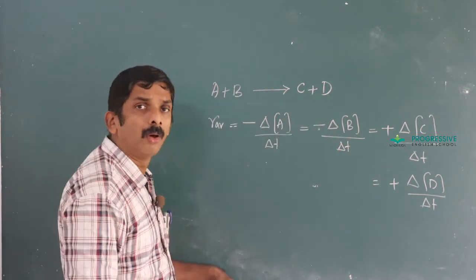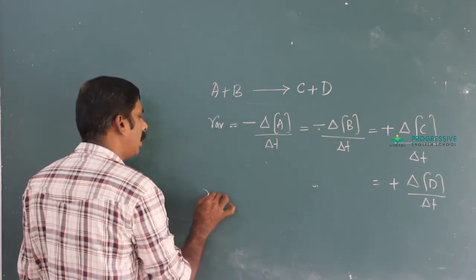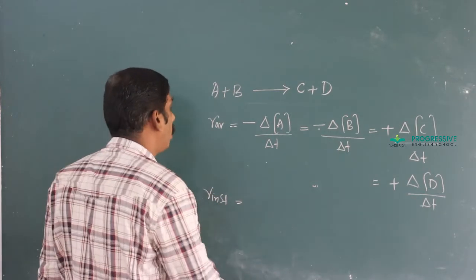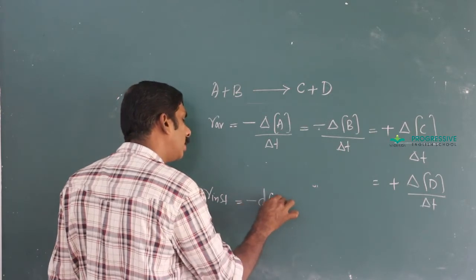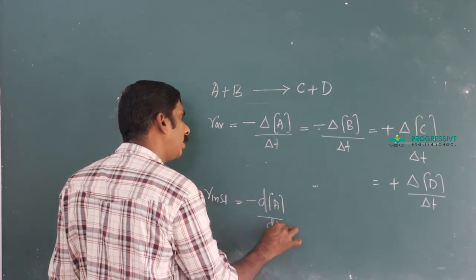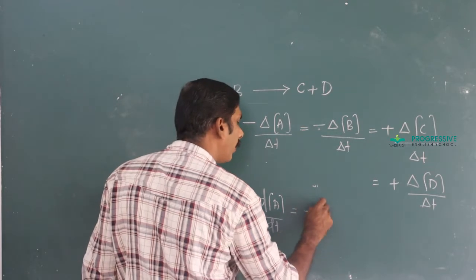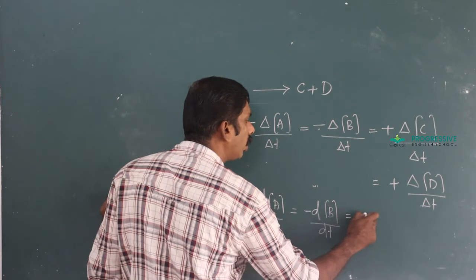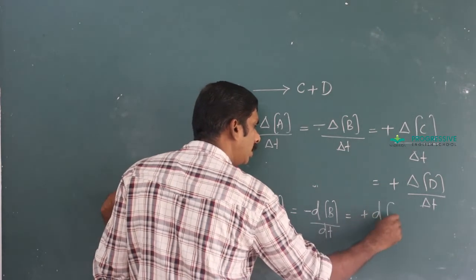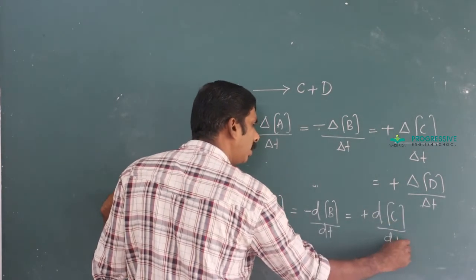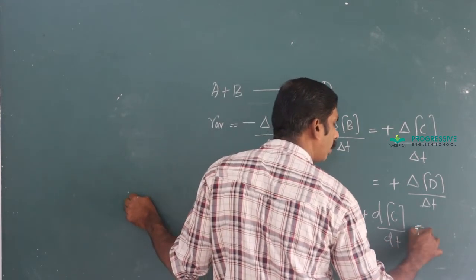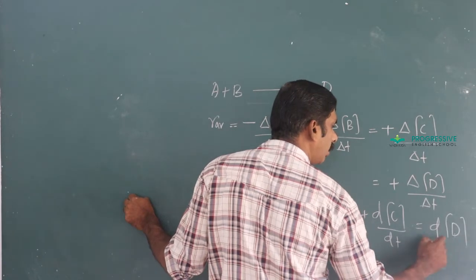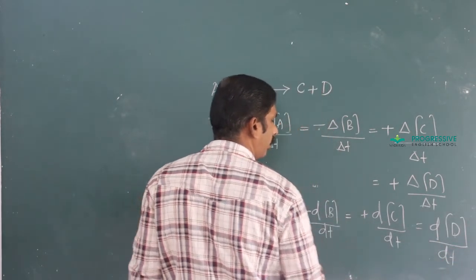For the same case, the instantaneous rate equals minus dA divided by dt, equals minus dB divided by dt, equals plus dC divided by dt, equals dD divided by dt.